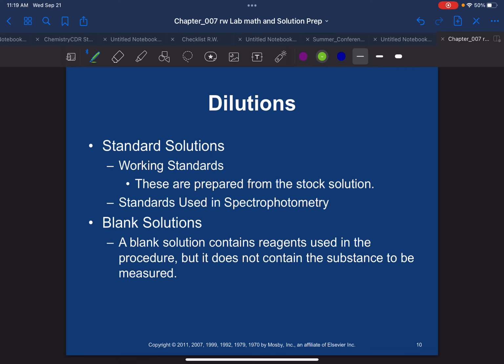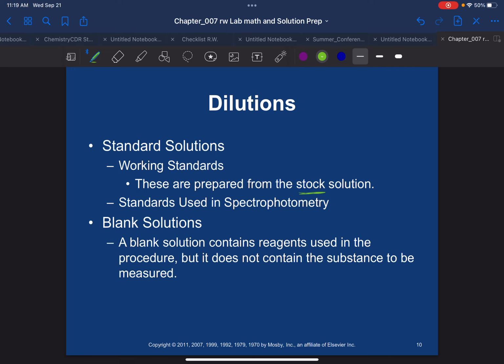So we have standard solutions that are considered working solutions. These are prepared from the stock solutions. And then we also have standards used in spectrophotometry that we're going to get really deep into in chemistry.